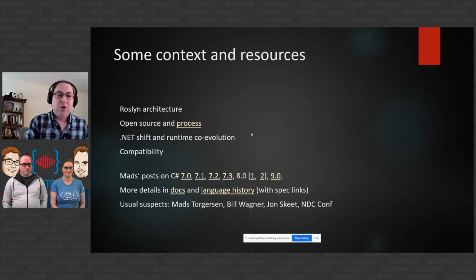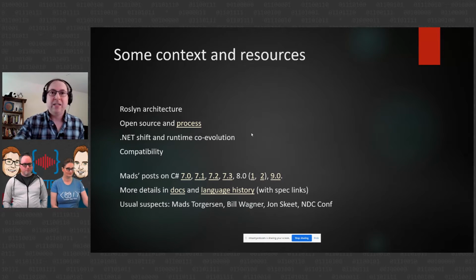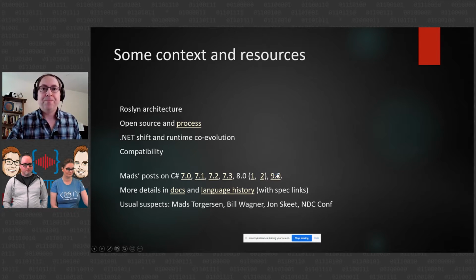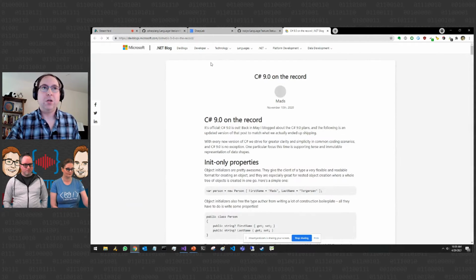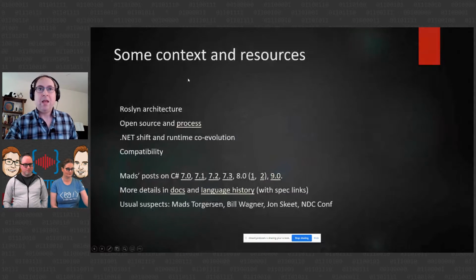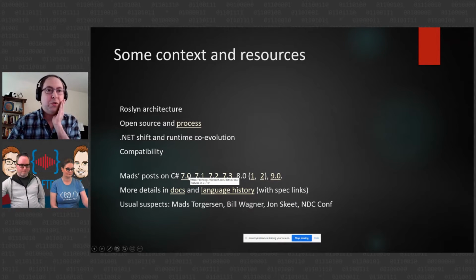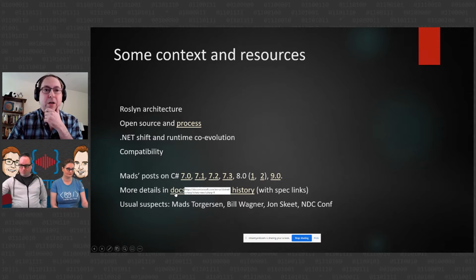So that does make the work a lot easier. Since today I won't be able to cover all the features, Mads Torgersen, who's the lead designer for the C# language, has a blog post every time a new version appears. It's on the .NET blog. Those are really good resources. We also have a lot of work done on docs.microsoft.com.